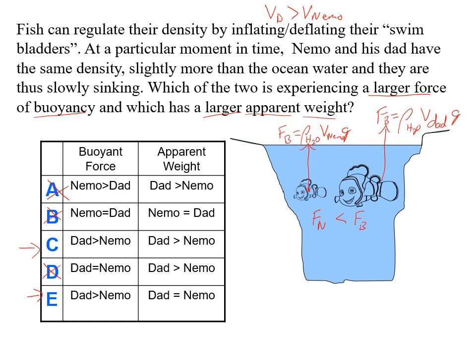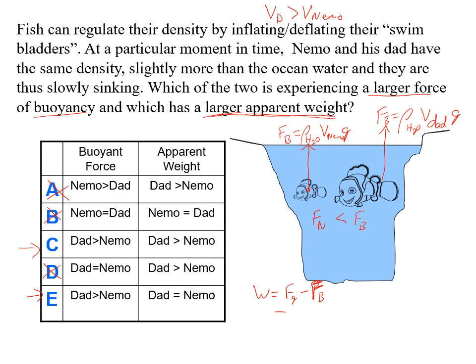And then the next thing that we look at is which has the larger apparent weight. If we look at the expression for apparent weight, remember that apparent weight is equal to the force of gravity minus the buoyant force.